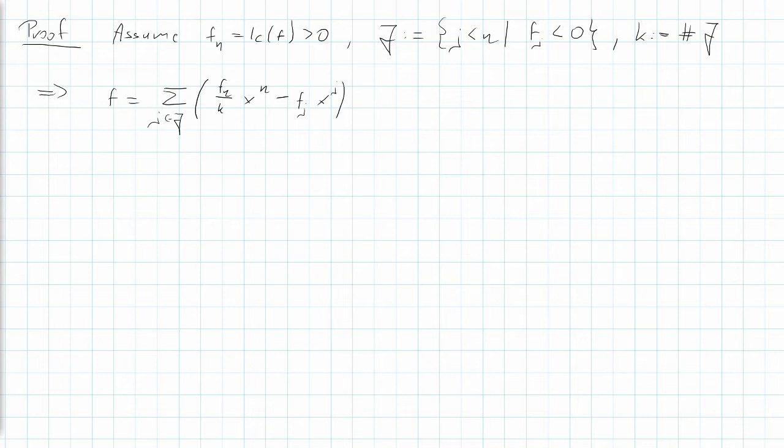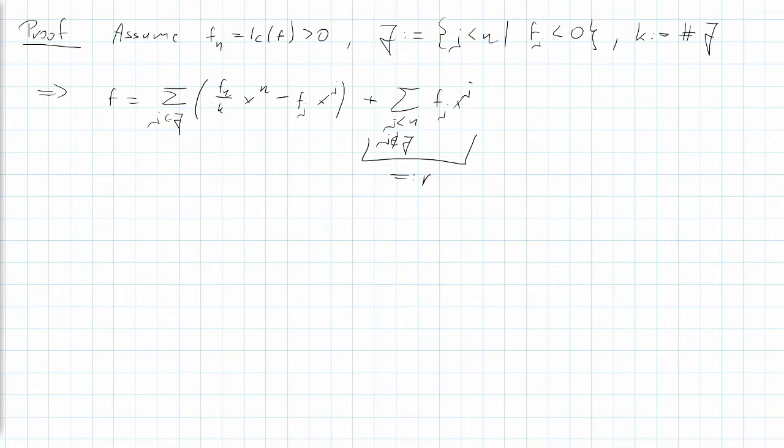This takes care of all the negative coefficients, so everything which is left is positive or at least non-negative. So plus the sum over j less than n, j not in J, f_j x to the jth power.